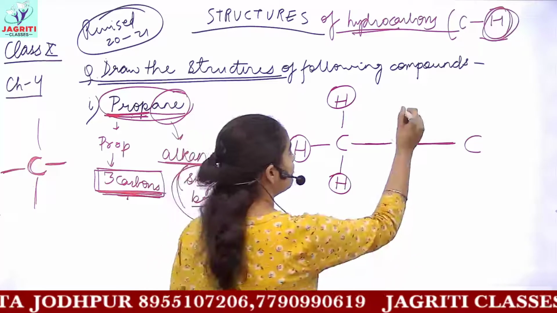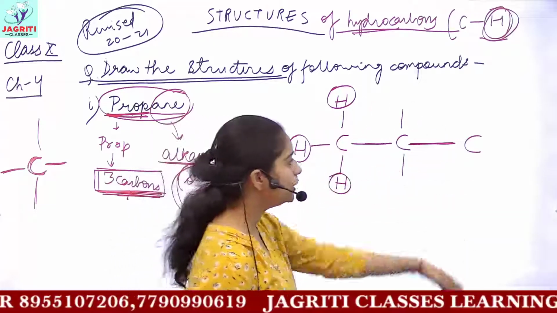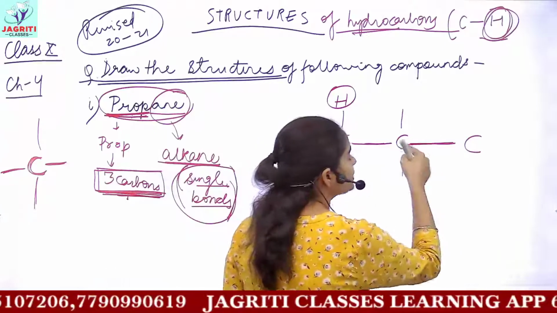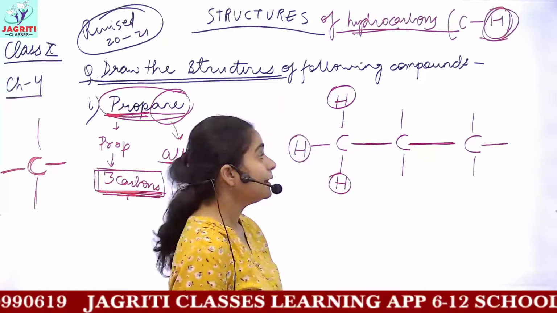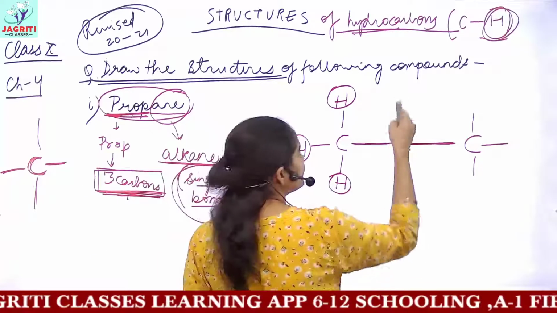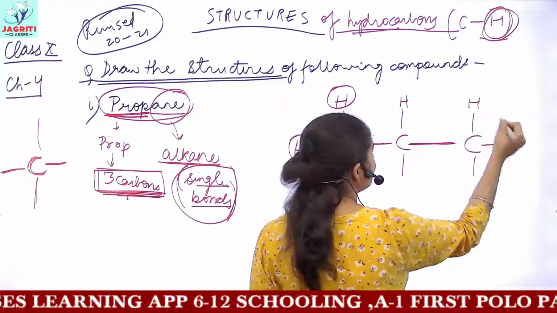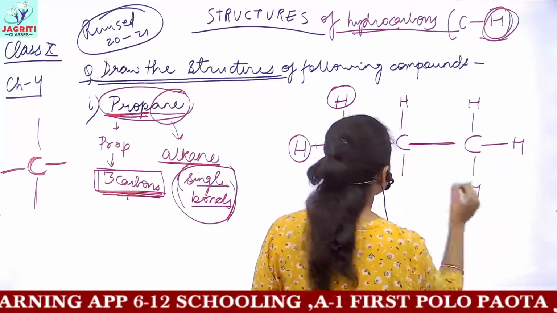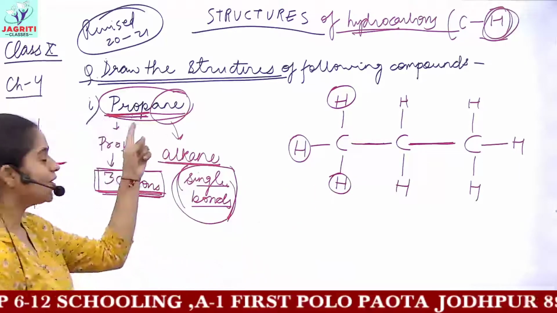So we have the remaining 2 valencies of this carbon. And moving to the next, only 1 bond is made, so it has 3 more bonds remaining. And all the valencies which you have kept empty, complete them by joining the hydrogen atom with this carbon. So this completes your structure of propane.